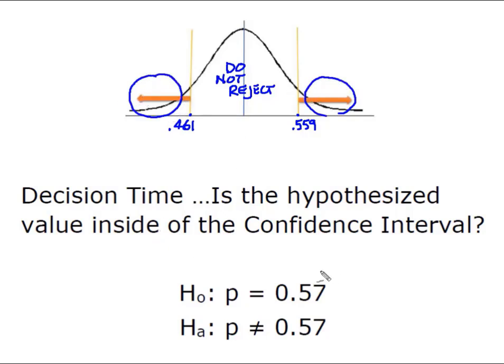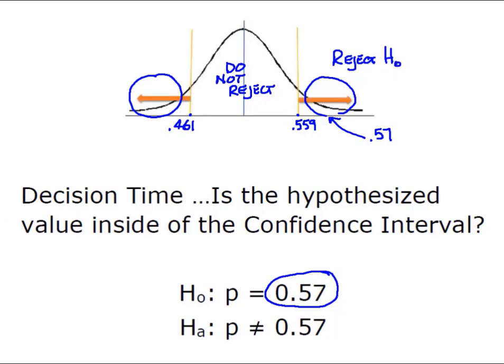So what I'm going to do is look at the hypothesized value of the proportion, which was 0.57. I'm going to place that on my curve. And I know that 0.57 falls somewhere up here. Clearly falls outside of the 95% confidence interval. And since it falls outside of the interval, my decision is going to be to reject HO.